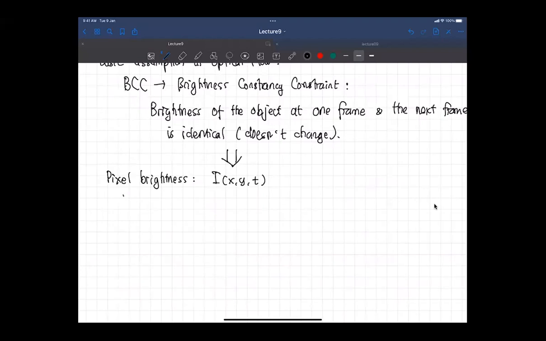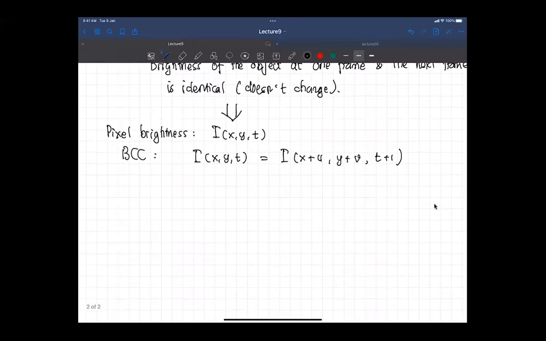So under BCC, it means that I(x, y, t) in one frame, t equal to 1, for example, equals I(x plus u, y plus v, t plus 1), because the object is assumed to be moving. u and v is the vector of the movement of the object. If you want to imagine this, this one is frame 1, and the object is here, for example.